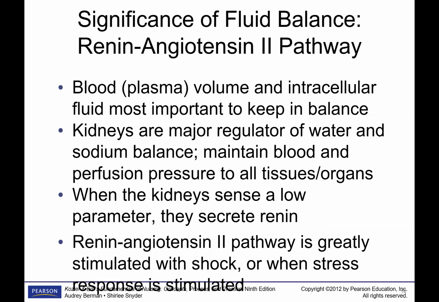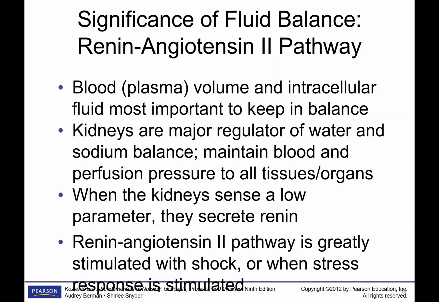We have to have that balance in order for perfusion to get to all of our tissues and organs. So when the kidney senses a low parameter, they secrete renin. So renin comes from those juxtaglomerular cells, and that starts off the renin-angiotensin 2 pathway.